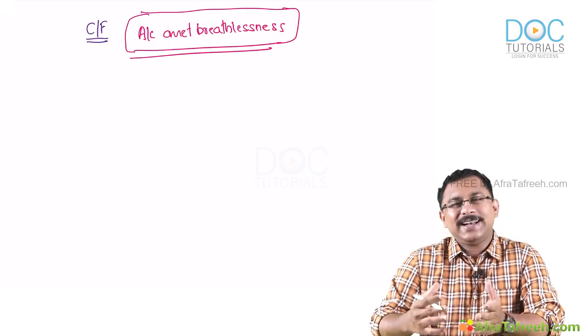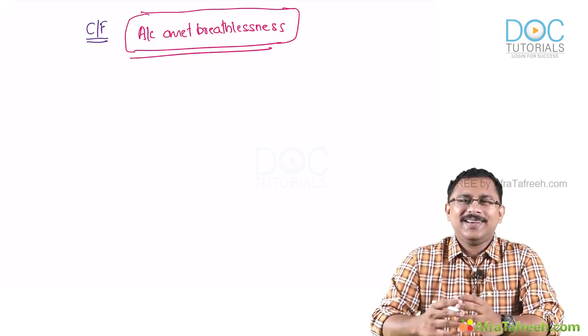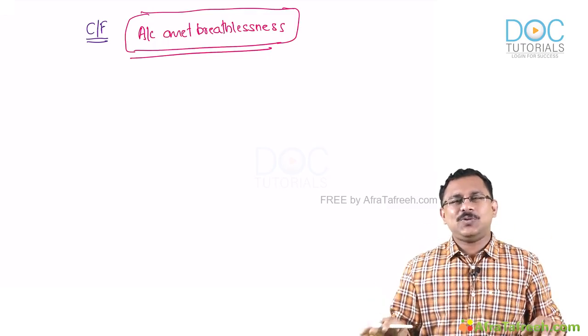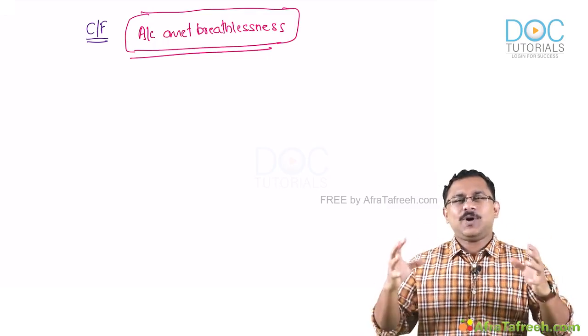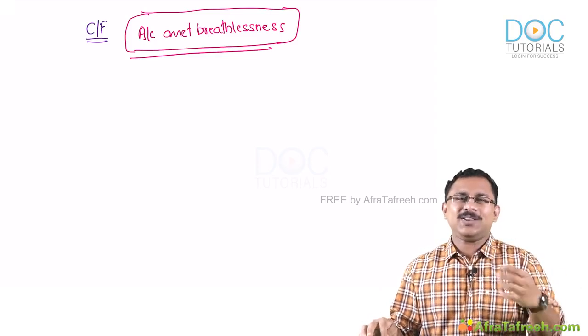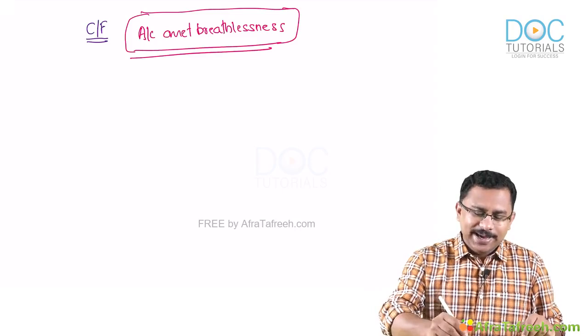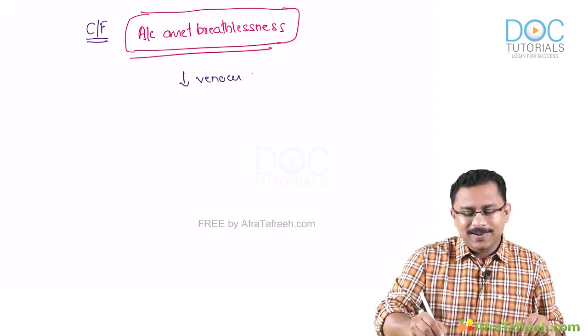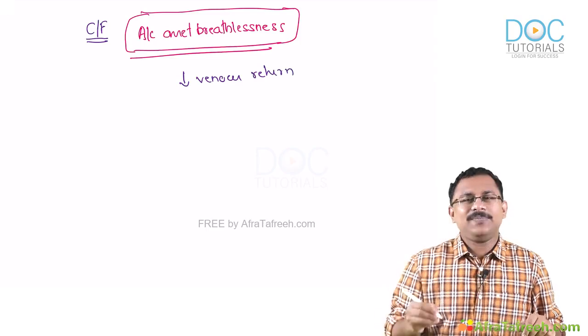Now suppose it is a tension pneumothorax. The other types of pneumothorax would present with breathlessness, but the problem with tension pneumothorax is so much positive pressure, because of which there is so much intrathoracic pressure. That will decrease the venous return to the heart.